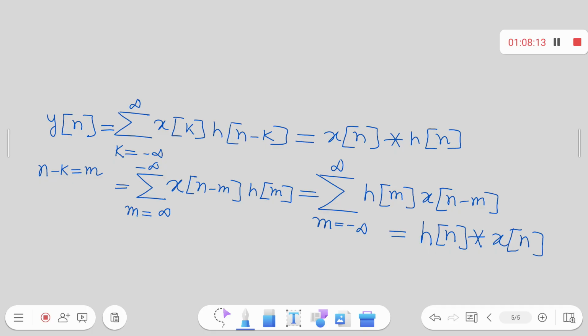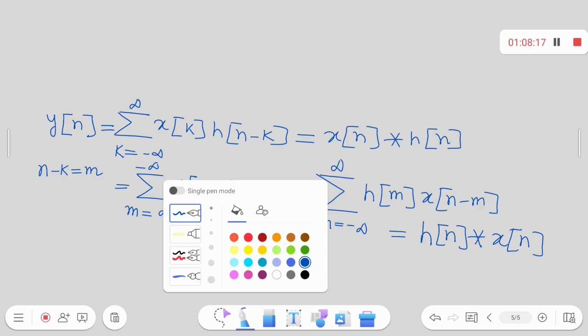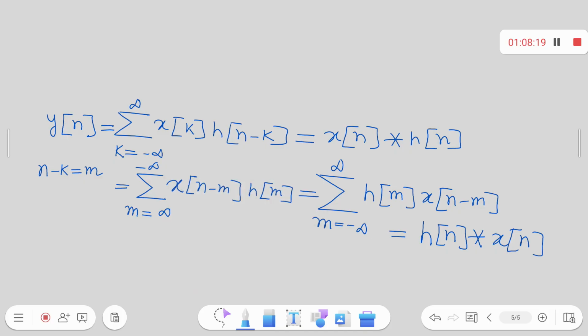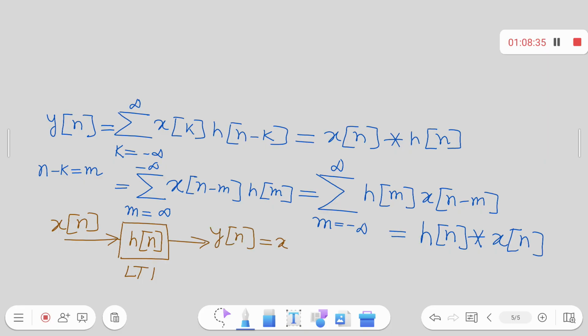So what I mean to say is, you have a system, LTI system obviously, characterized by this h of n, and you have excited the system with x of n. So the output y of n is given by x of n convolved with h of n.